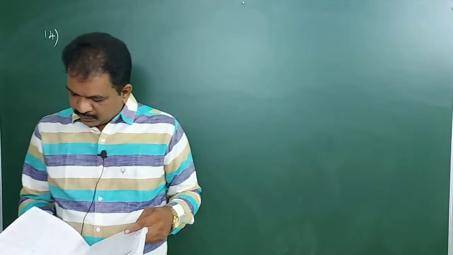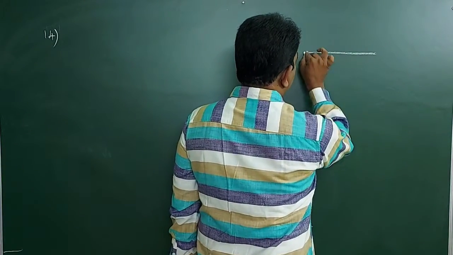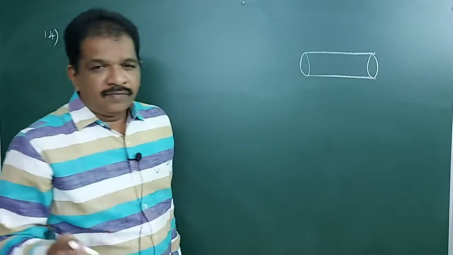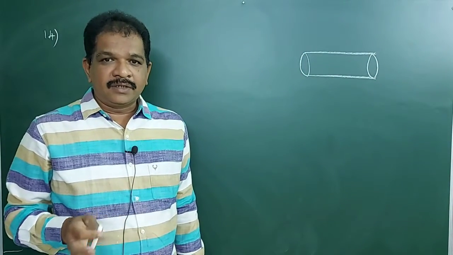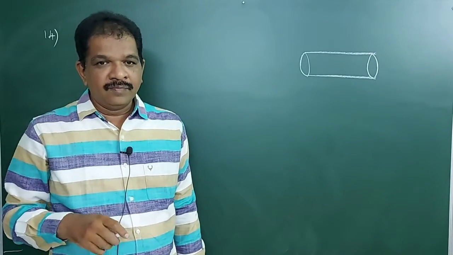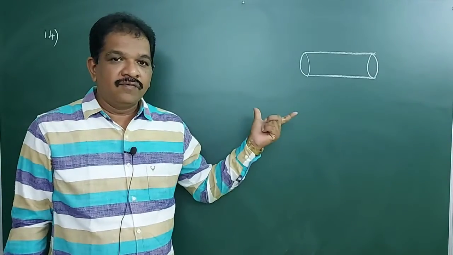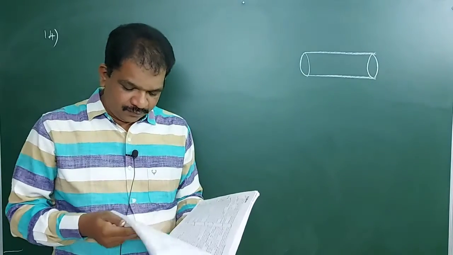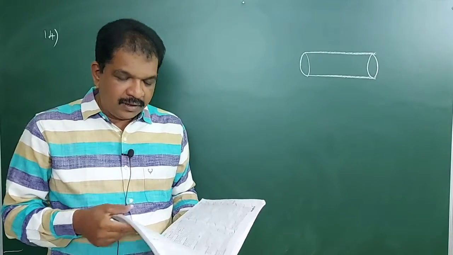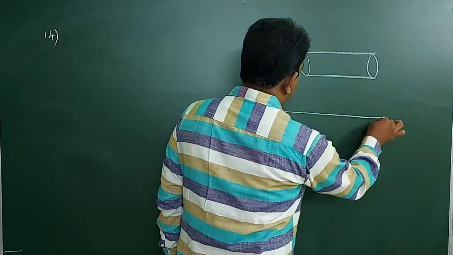Okay. So one rod is there. When the two ends are kept at some temperatures, some amount of heat is flowing. Now this rod is melted and formed into another rod, so that the new rod's radius will be half of the radius of the initial rod.